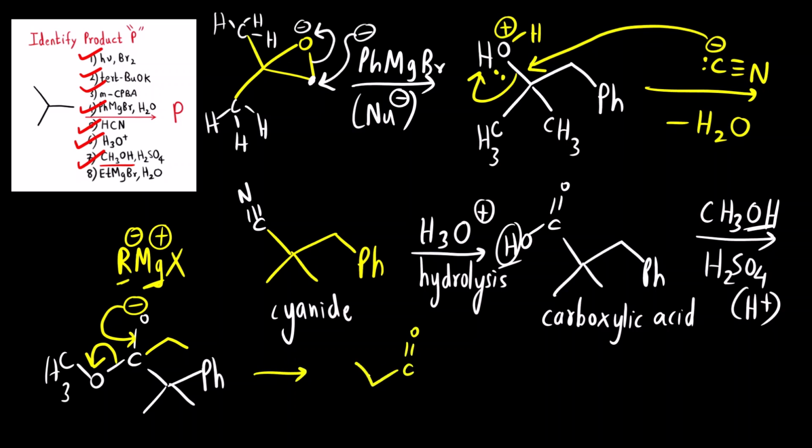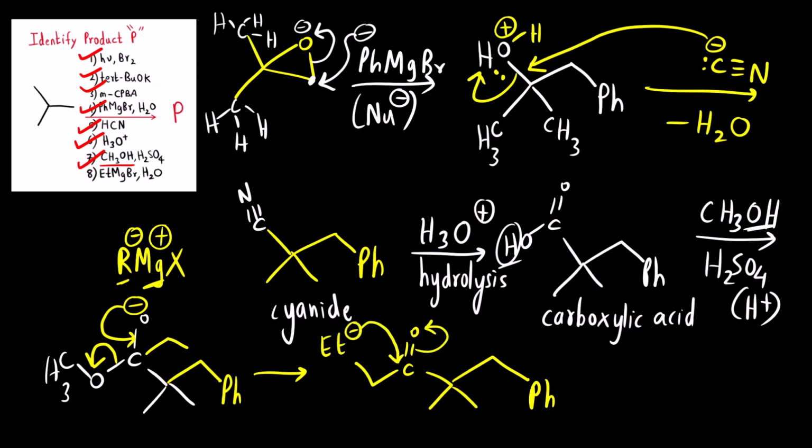What we will get is a ketone. CH2 CH3. Then we have CH2. Okay, sorry, I missed one carbon here. It is CH2 Ph. So this is a ketone, and one more equivalent of Grignard reagent can attack here, and this will become O minus.